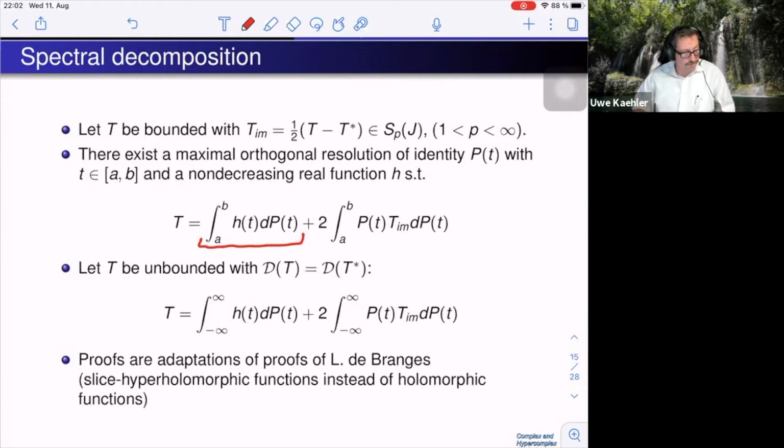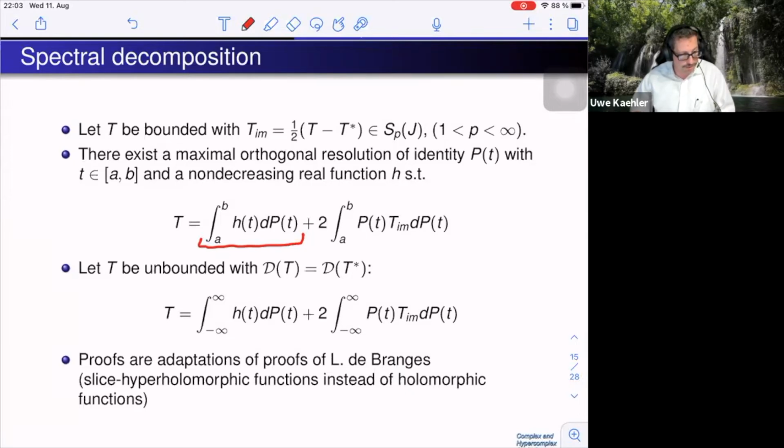I'm not going to speak much about the proofs, otherwise I would simply fill up the next hour. Simply think about it as you can adapt the proofs of de Branges for this case, of course using slice hyperholomorphic functions instead of holomorphic functions. You have to be a little bit careful if you go to his papers, because proofs of de Branges usually have holes.